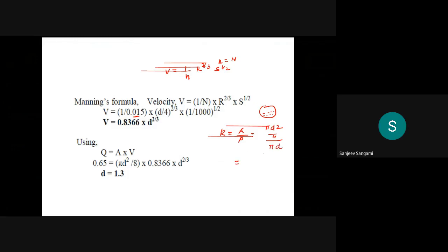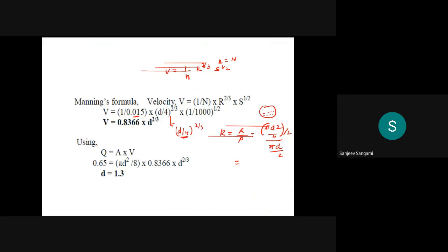But it is flowing half, so means 50% of this you have to take, divided by 2, and the perimeter also divided by 2. If you simplify it, you will get d by 4 to the power 2 by 3. Very simple. So pi gets cancelled.